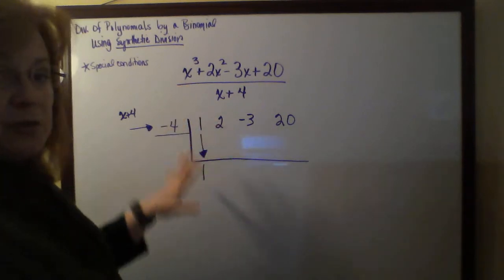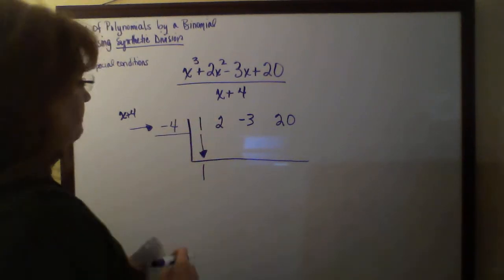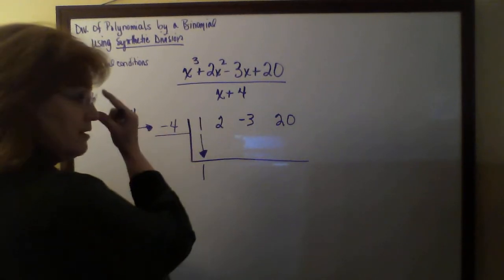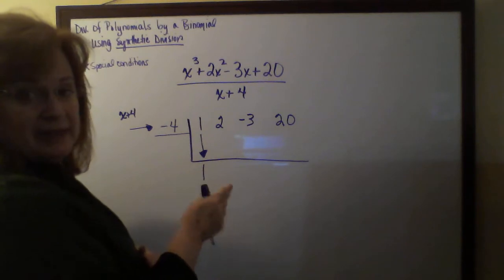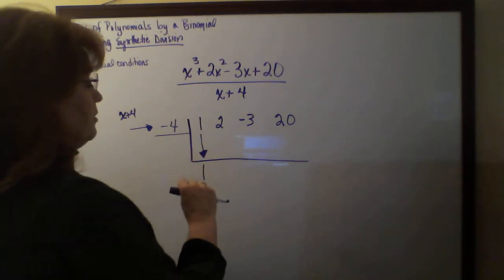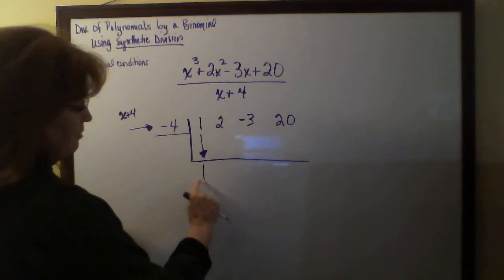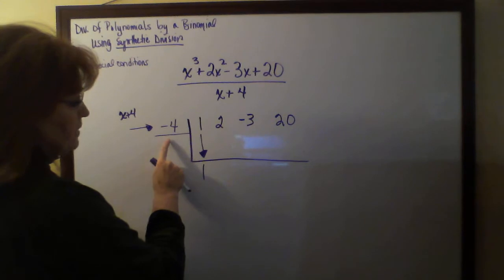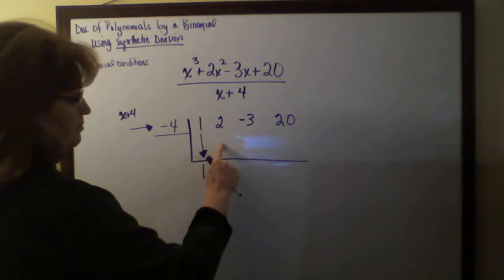And then we're going to start with the sort of algorithm, I guess you can call it. Okay, so with this, instead of division, like we were doing with the long division, you're multiplying and adding. So instead of division included in subtraction, we're going to be multiplying and adding. So the one coefficient is here, is going to be multiplied by -4. Now, the result is going to go here. So -4 times 1, result goes here.